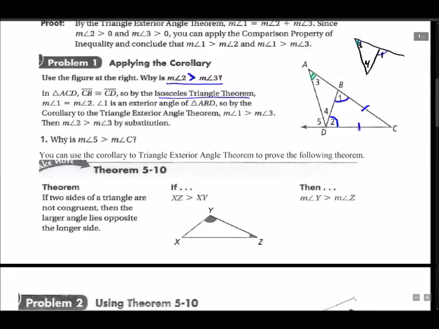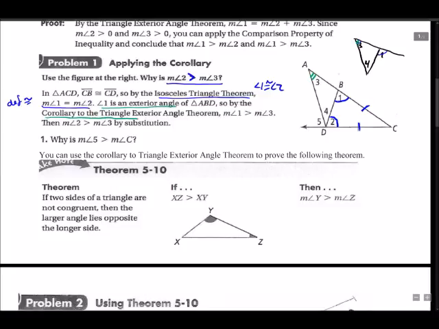There's our isosceles triangle theorem that says angle 1 and angle 2 are congruent. This is the definition of congruence. The isosceles triangle theorem says angle 1 is congruent to angle 2. And angle 1 is an exterior angle.